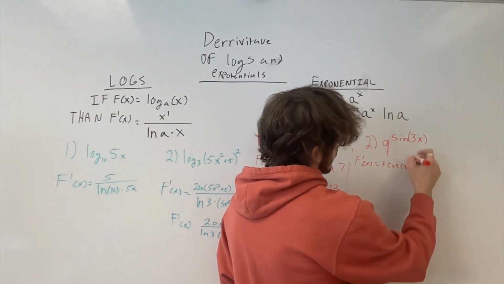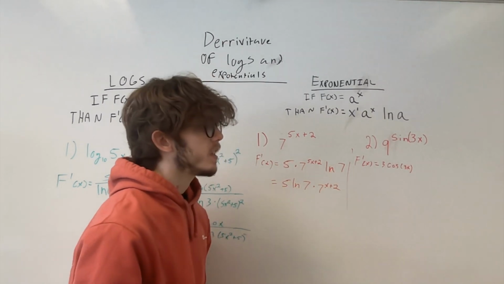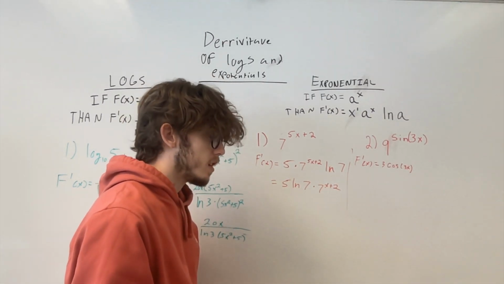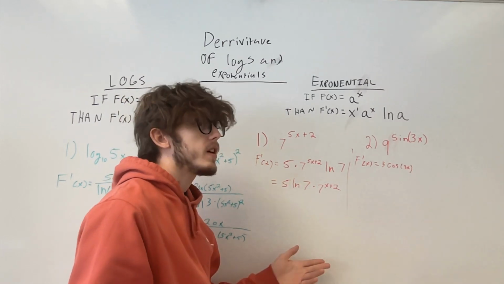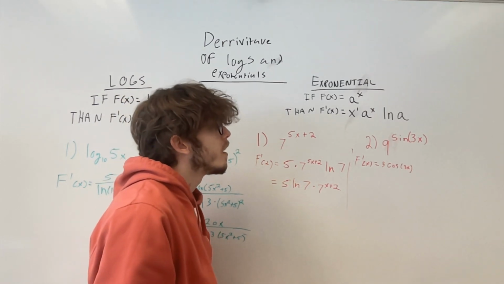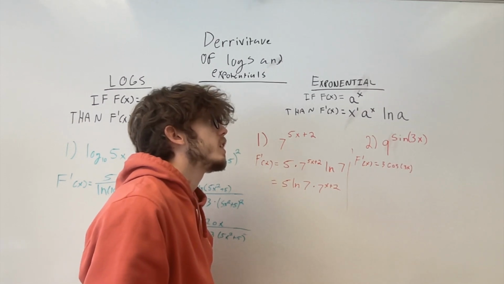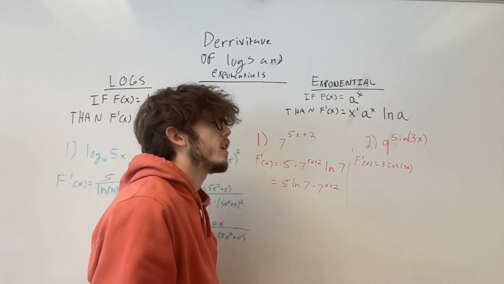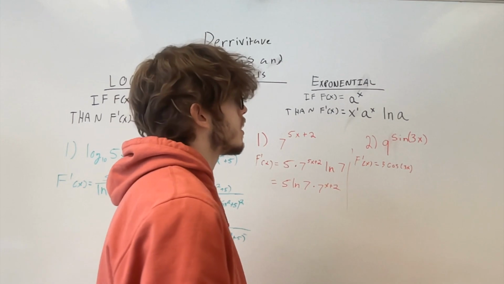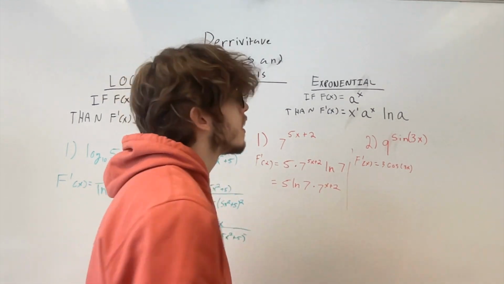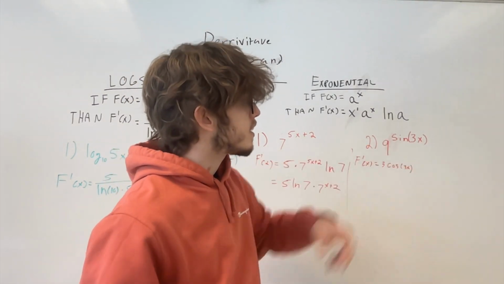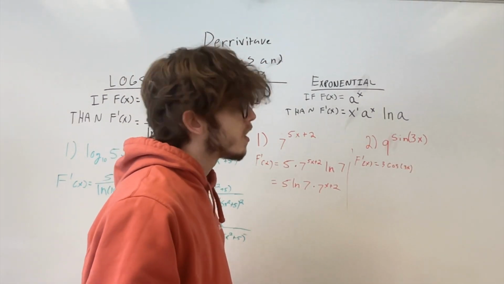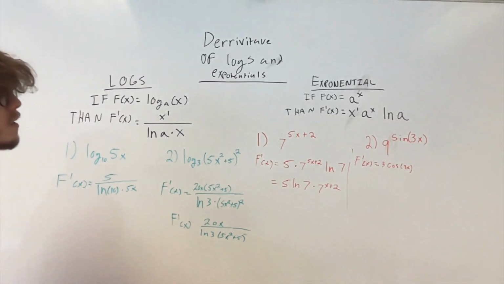Remember, we take the derivative of the entire function with respect to the exponent. Anything to the 0th power is 1. We take the derivative of the trig, which in this case the derivative of sine is cosine of 3x. And then we take the derivative of the inside, and that just gives us 3. So we have 3 cosine of 3x.